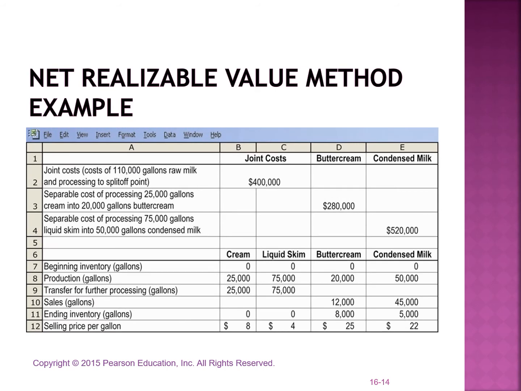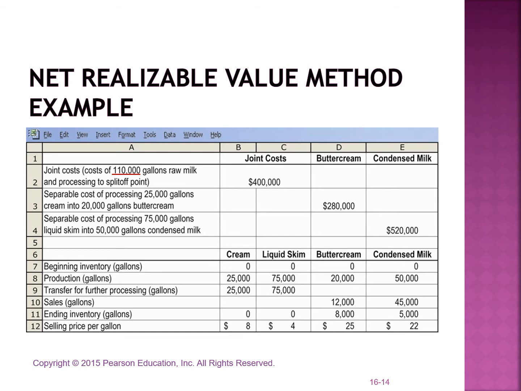This is the full information as usual. The 100,000 gallons of raw milk, 400,000 joint cost. The separable cost of processing the 25,000 gallons of cream into 20,000 gallons of butter cream is 280,000. The separable cost of processing the 75,000 gallons of liquid skim into 50,000 gallons of condensed milk is 520,000.